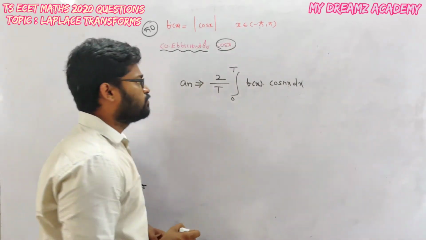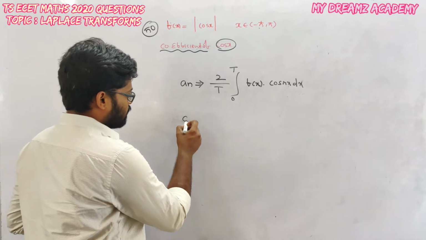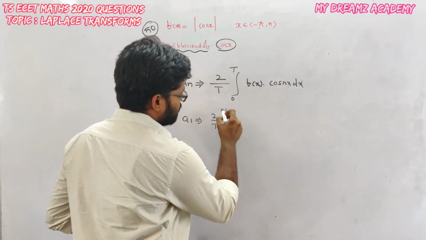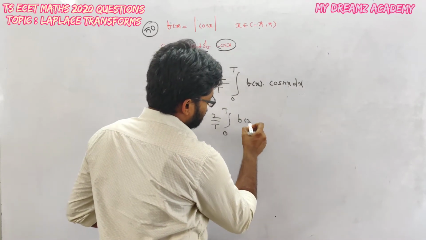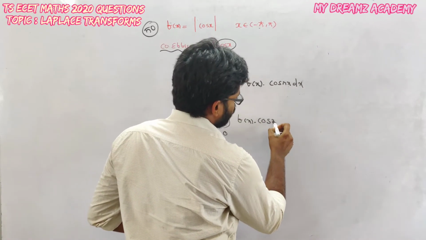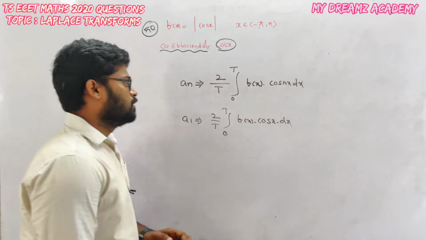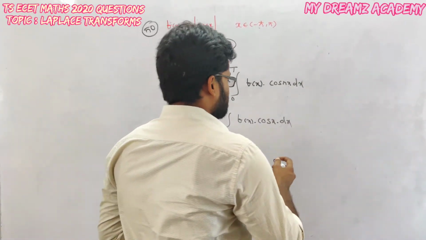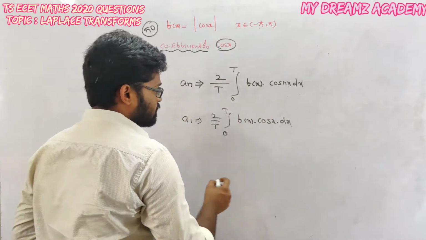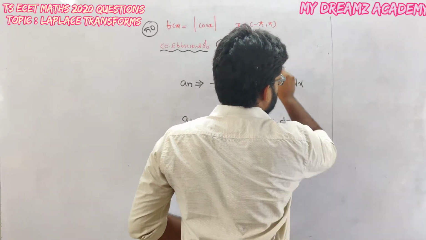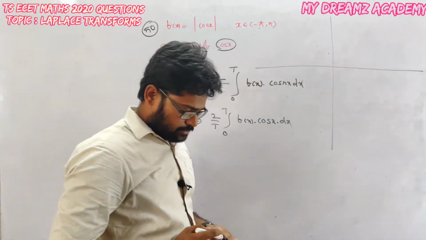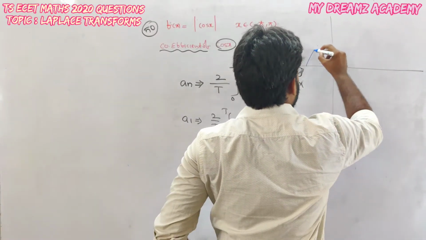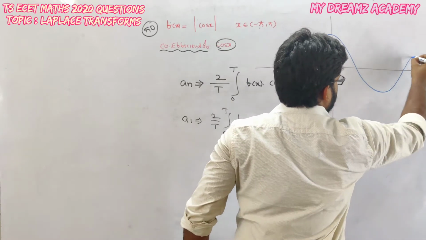But we need to find a1 here, that is 2 by time period integration over 0 to time period f(x) into cos x dx. But observe the function, that is mod of cos x. Generally the waveform of cos x is like this. This is the waveform of cos x.